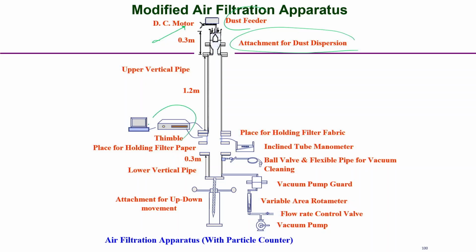Here you have the two particle counters, okay. And pressure drop is measured by the inclined tube manometer. So, the construction is overall almost similar to the earlier equipment, but here we are measuring the number of particles.